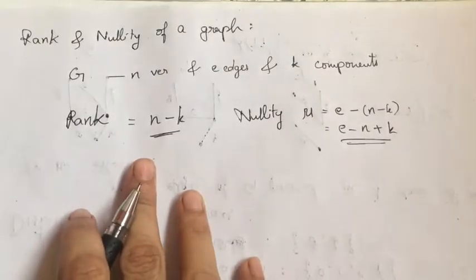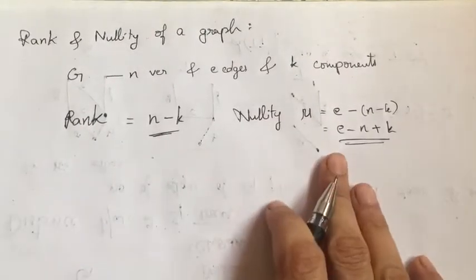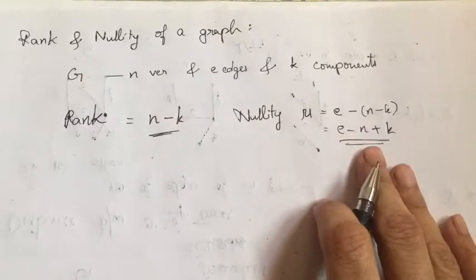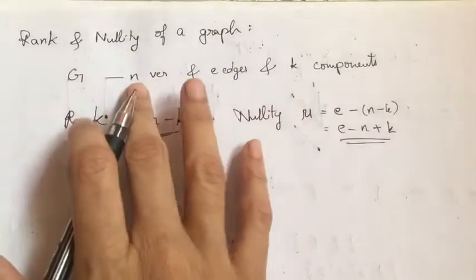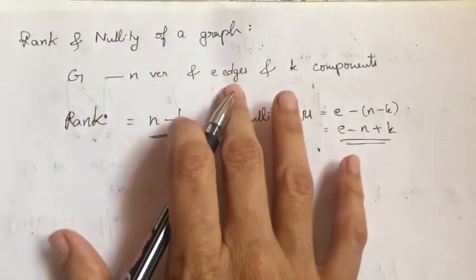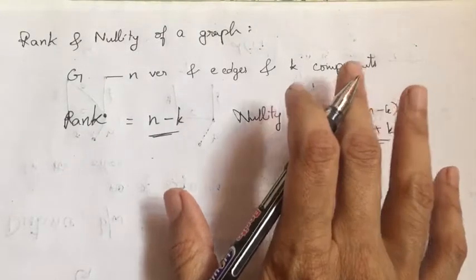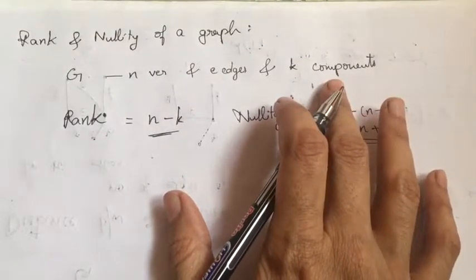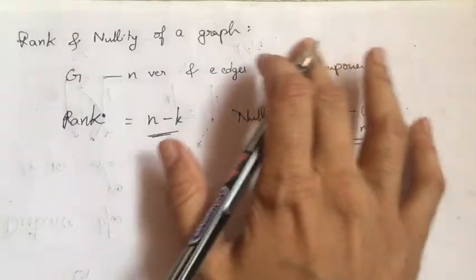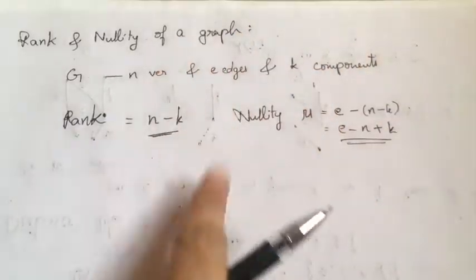Rank of a graph is n minus k and nullity is e minus n plus k. This is for a graph with n vertices, e edges and k components. This is if the graph is disconnected. If the graph is connected, then the number of components is 1.